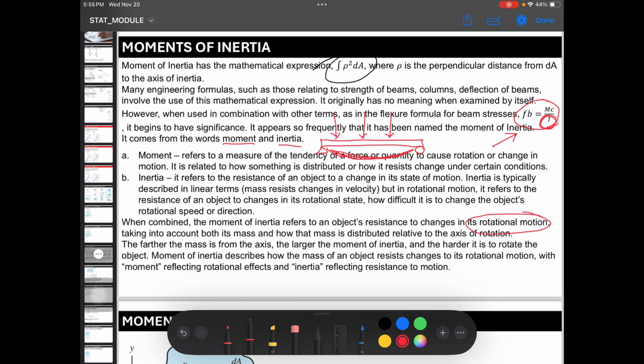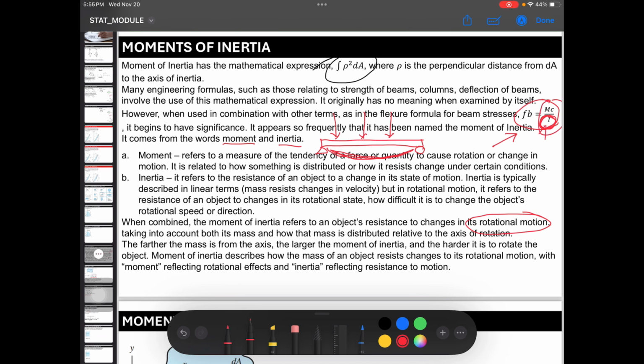Kung makikita nyo, ang formula nga ng beam stress, makikita nyo nandun si moment of inertia, yung letter capital I. At makikita nyo na nasa denominator siya. So, what is the relation niya sa beam stress? Ibig sabihin, ang moment of inertia, kapag malaki, lumiliit ang beam stress.